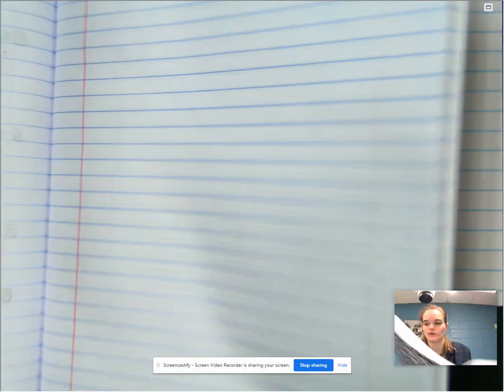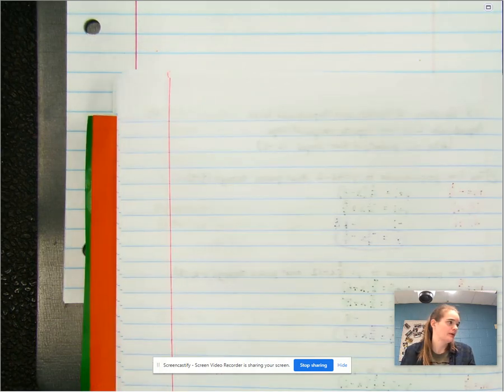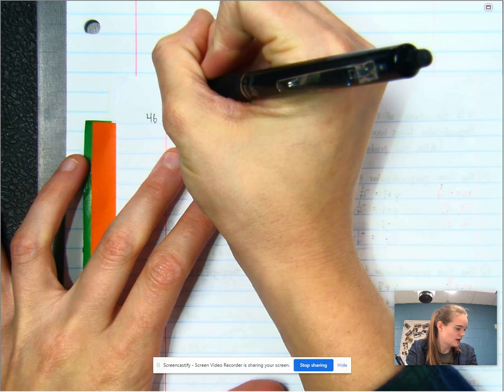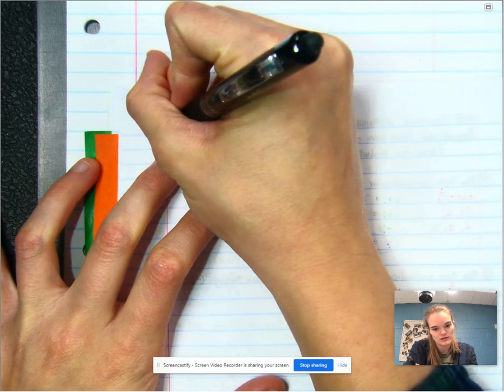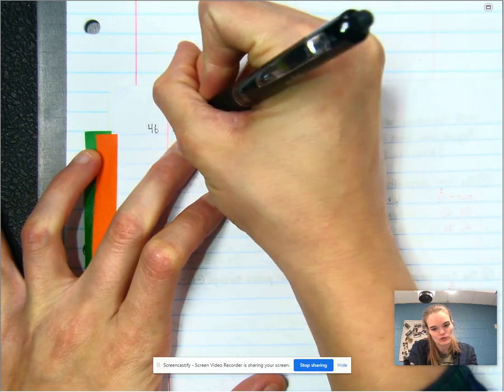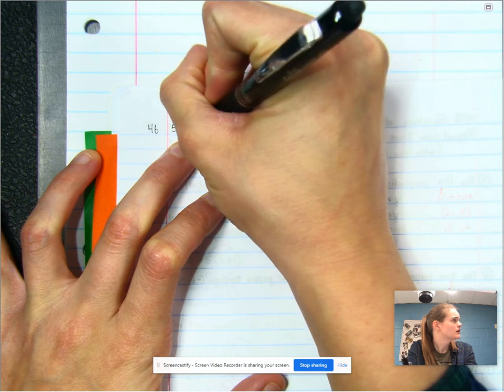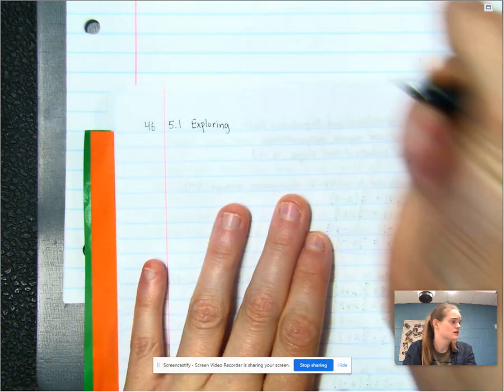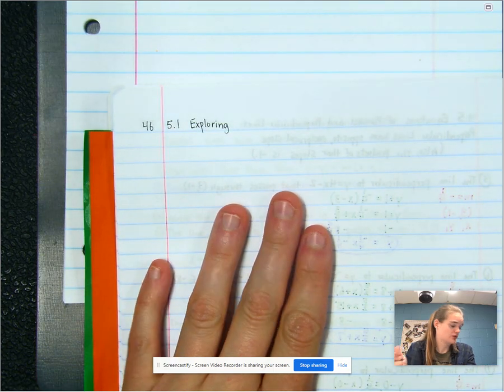46 and 47. We're going to fill out both today. So go ahead and label page 46 as 5.1, exploring what makes triangles congruent.